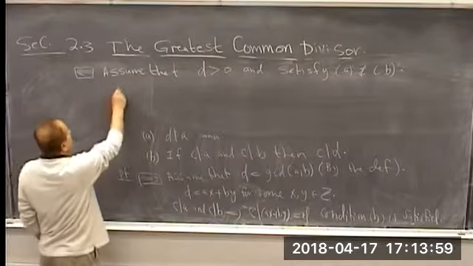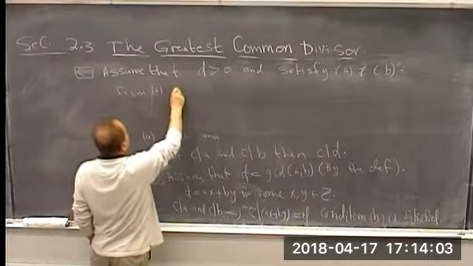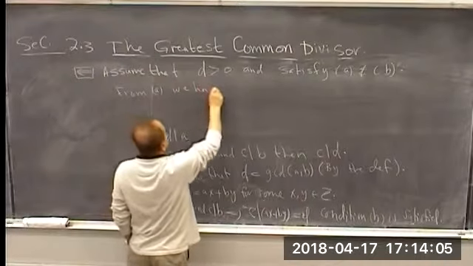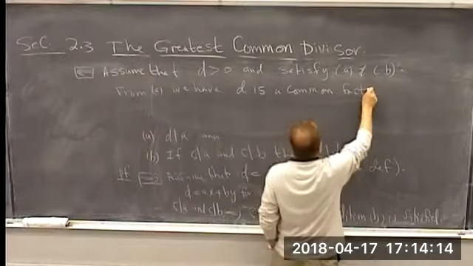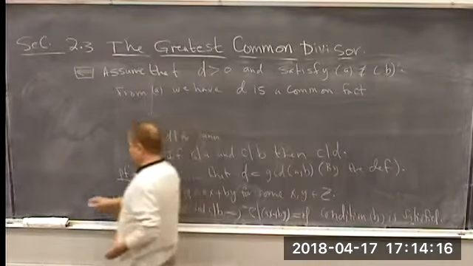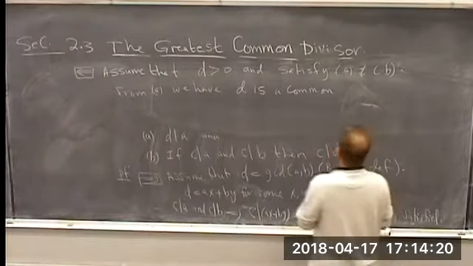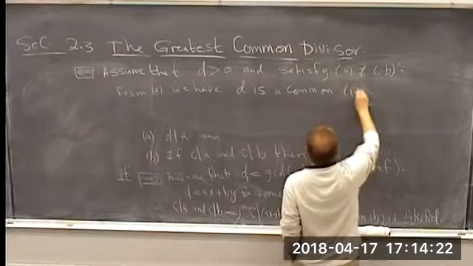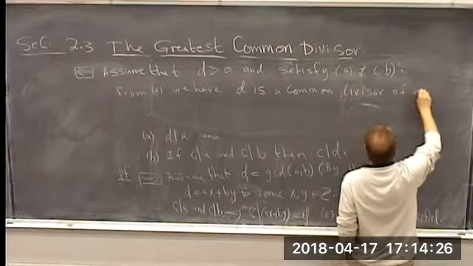From condition 1, we have D is a common divisor of A and B.